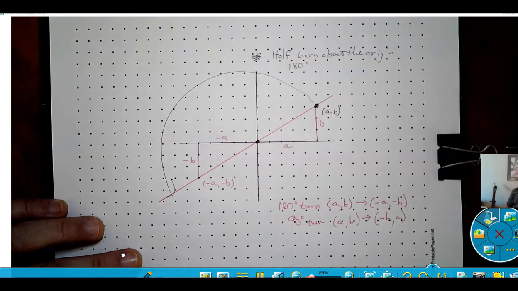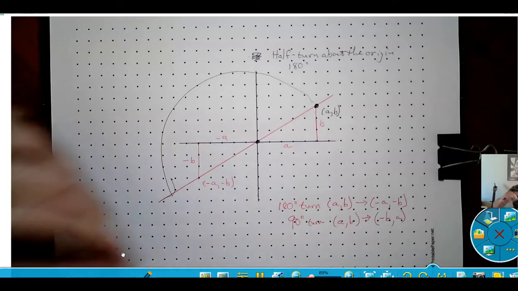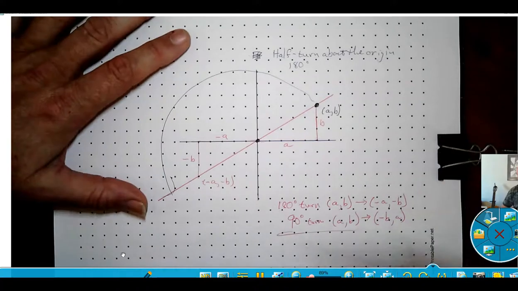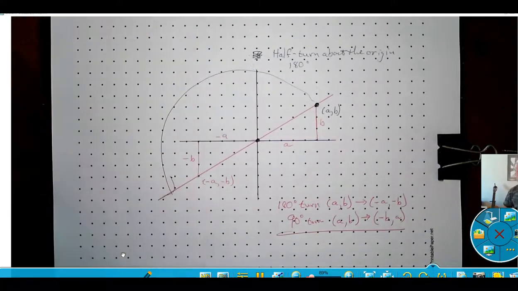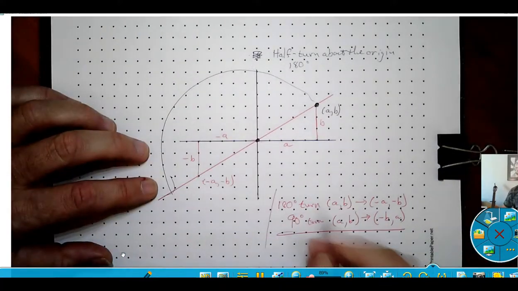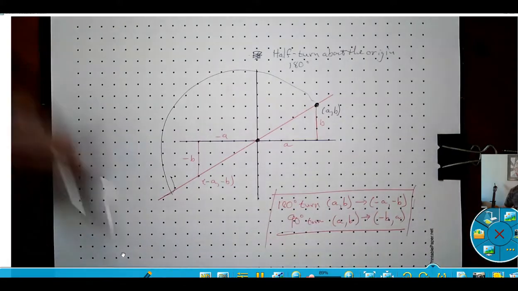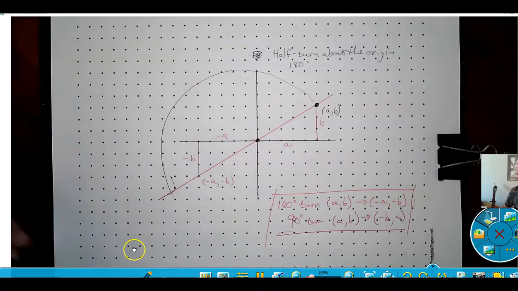So those are two different things. What would be interesting is if you can piece together and show that two 90-degree turns is the same as a 180-degree turn using just these. It's actually quite useful. But in any case, that is the last thing I wanted to cover, was just how to transform those things as far as the coordinates go.